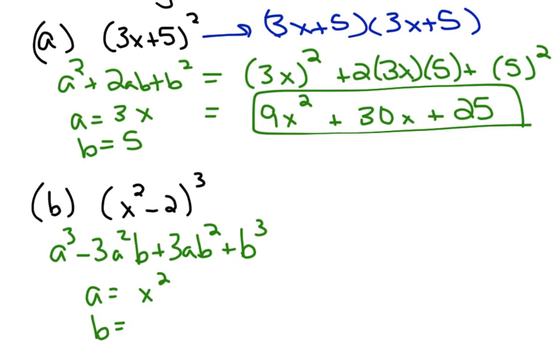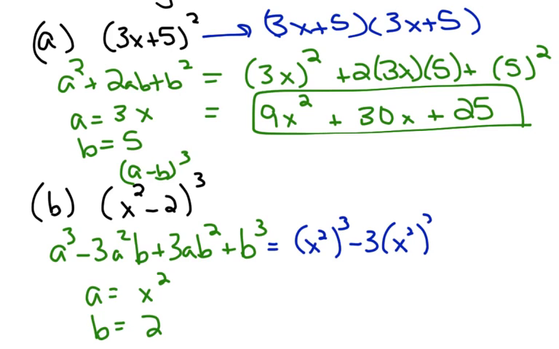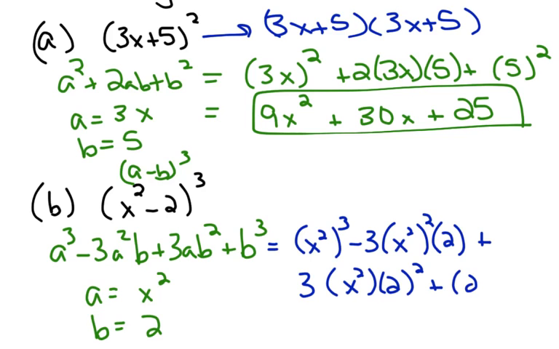B is 2, not negative 2, because remember the definition is a minus b cubed. Alright, so now I'm going to go plug it in. So I'm going to get x squared to the third minus 3 times x squared times 2 plus 3 times x squared times 2 squared plus 2 to the third.